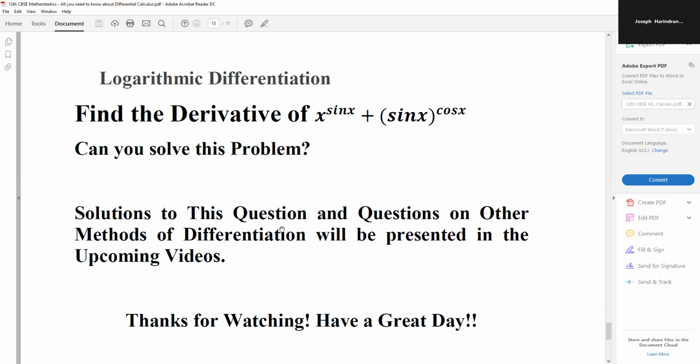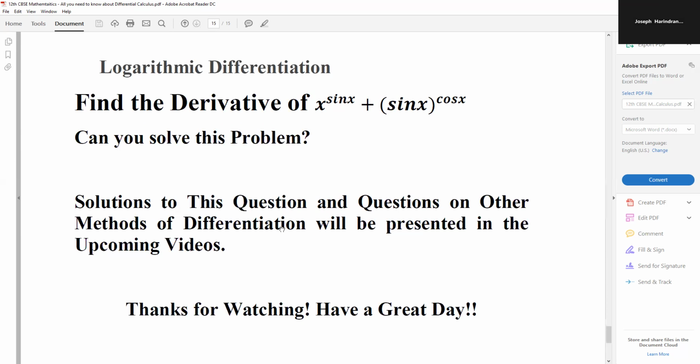There's one more problem which will be solved using logarithmic differentiation. Here we have to take logarithm on both sides. In the upcoming videos, the links are given in the description box.